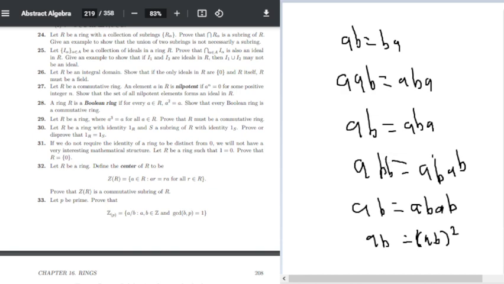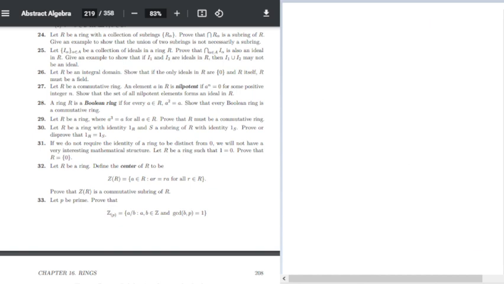ABB. Oh gosh, I'm being dumb. Because we can go one way, right? I just don't know if we can go the other. Let's think about this. So we have AB is equal to AB.